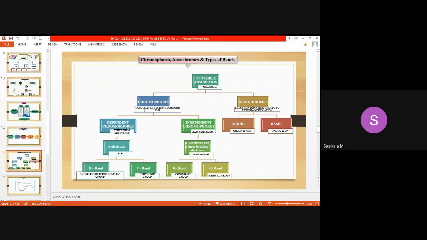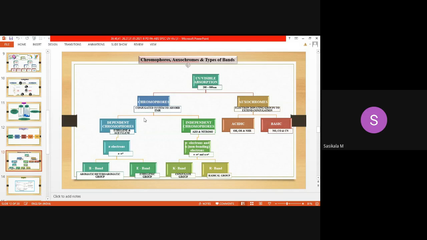So chromophores are nothing but conjugated systems that absorb electromagnetic radiation. A conjugated system represents an unsaturated or double bonded system present in the molecule, whereas auxochromes are electron donating groups. When they are attached to the conjugated system in the chromophore, they extend the conjugation.